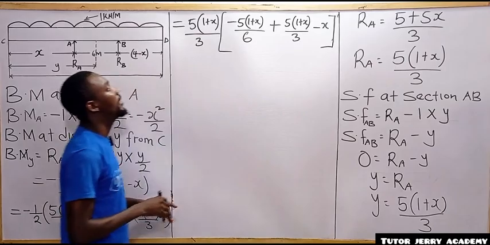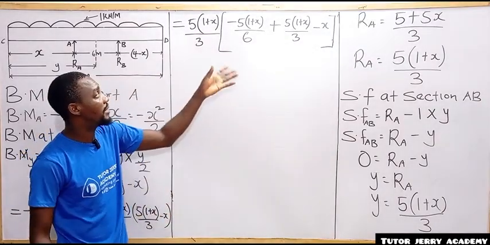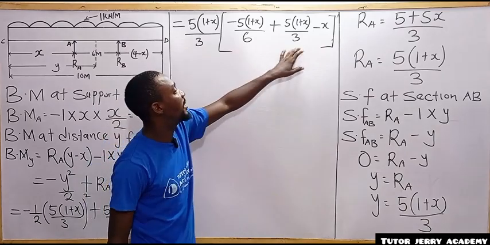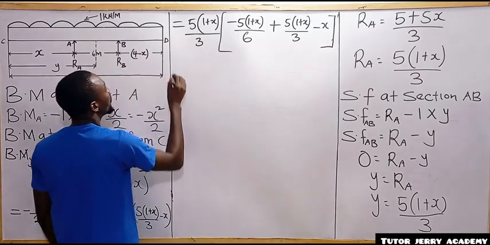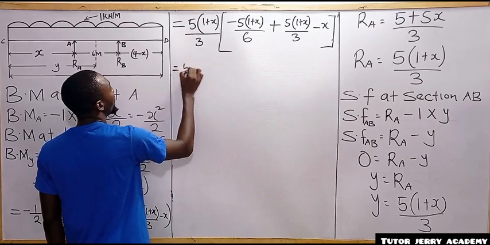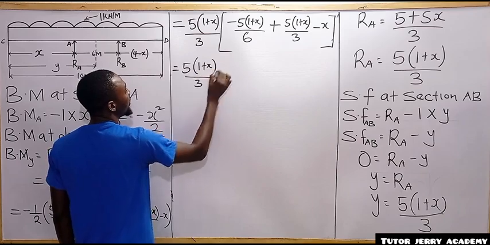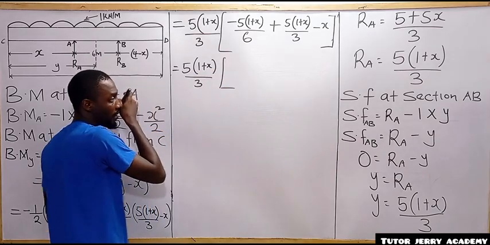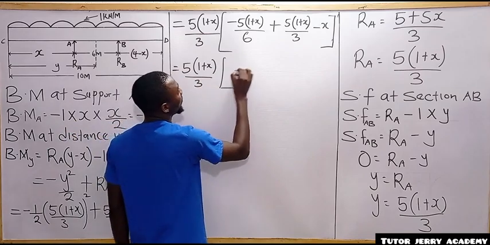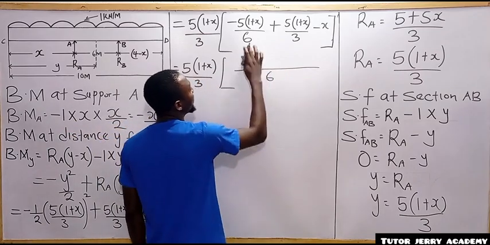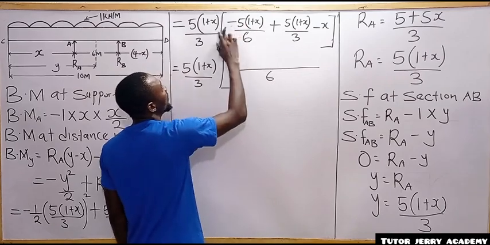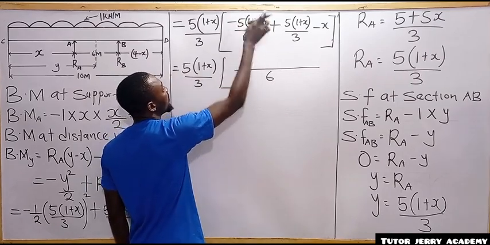All right, so that's it. Now, the next thing is to solve the math. The LCM of 6 and 3 is 6, right? So this will be equal to 5 into (1 plus S) all over 3 into, so here we are going to have 6. 6 in 6 is 1, 1 times this, and 1 times everything here is still this. So let's just clear the bracket.